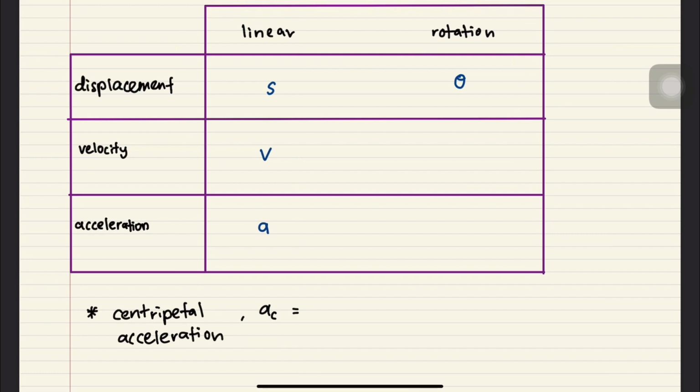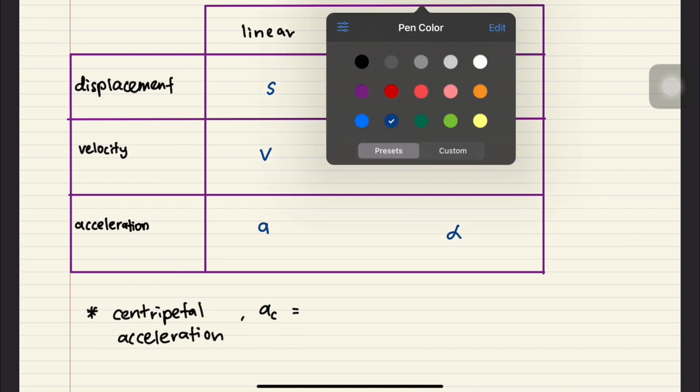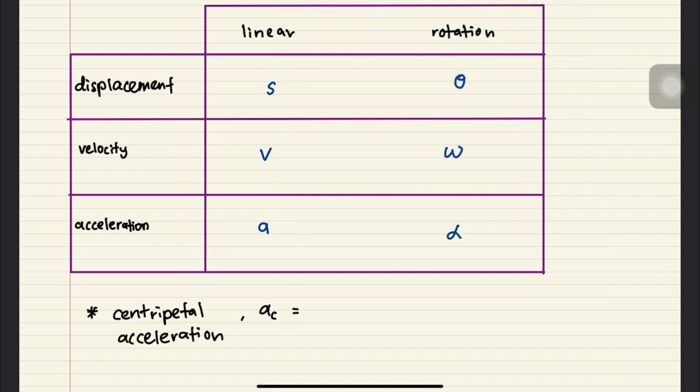Velocity we have omega, which is what we call angular velocity, and lastly we have alpha, which is what we call angular acceleration.